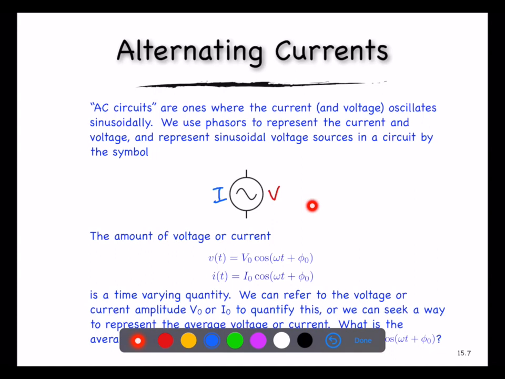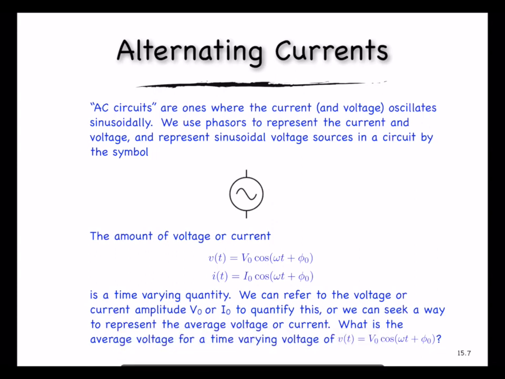Now, one of the things we might want to know is, if this is time varying, is there a way to represent sort of the average voltage or the average current? Because that's going to be important for understanding things like how much heat might be generated in a resistor or how much power is delivered to a circuit element.